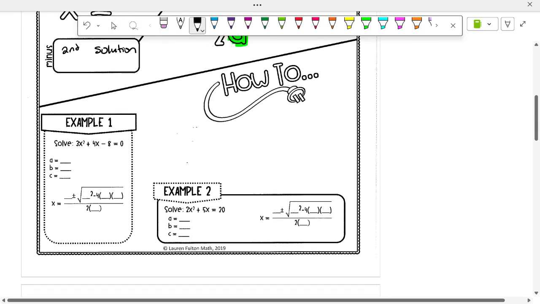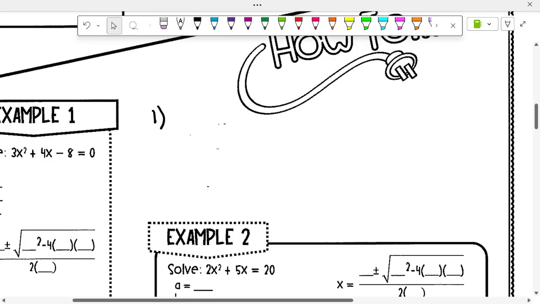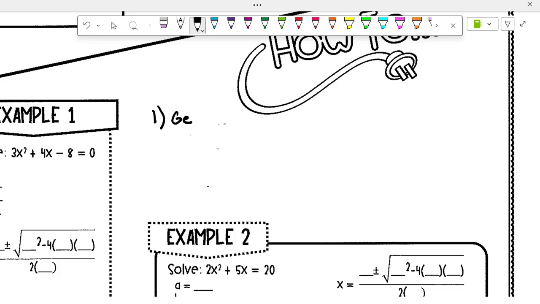So how to use the quadratic formula. Here are some steps for you. The first step is to get one side equal to 0.